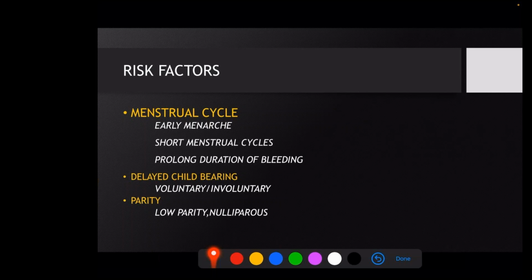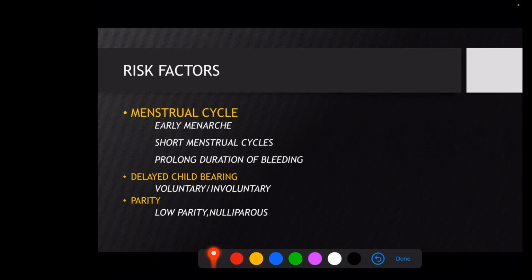Again, low parity. 50 to 70% of affected women are childless, and many of the others have only 1 or 2 pregnancies. This is also due to greater exposure to menstruation.